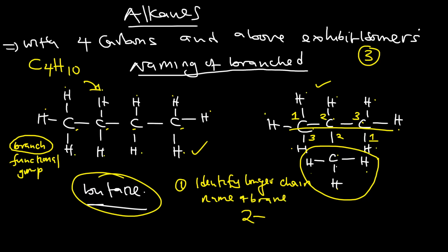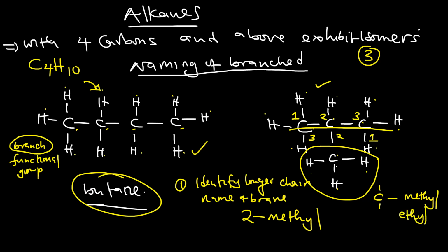Now, the branch, if it has one carbon with 3 hydrogens, is called the methyl. Okay, methyl. So the branch here is the methyl. But if it had two carbons, it was going to be ethyl.